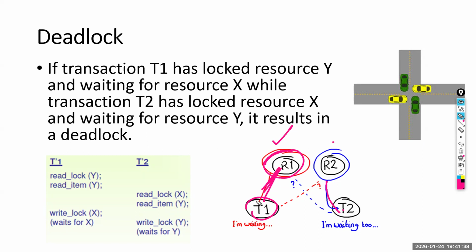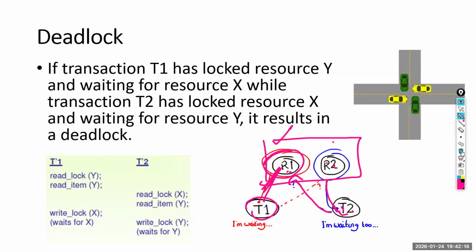And now this transaction is waiting for this lock, but unfortunately, this transaction has locked it, and now this transaction is looking for this one. Usually locks are released after a transaction is completed. But now this lock cannot be released because this is already locked by this one, and this one cannot release this because it is waiting for this lock. So the two transactions are waiting for each other's locks. Therefore it's a deadlock. Right? Deadlock.